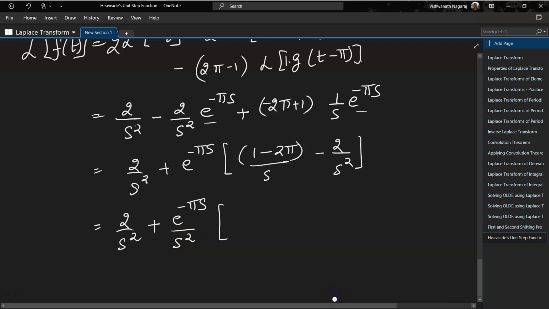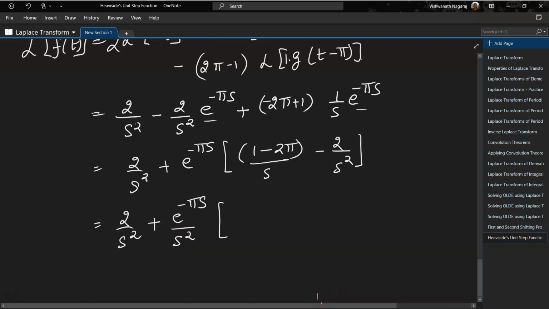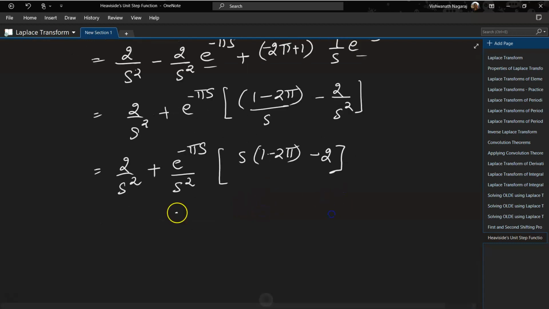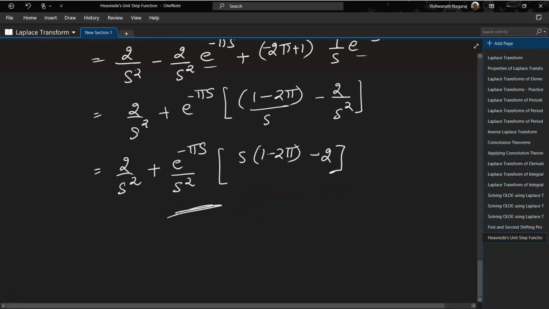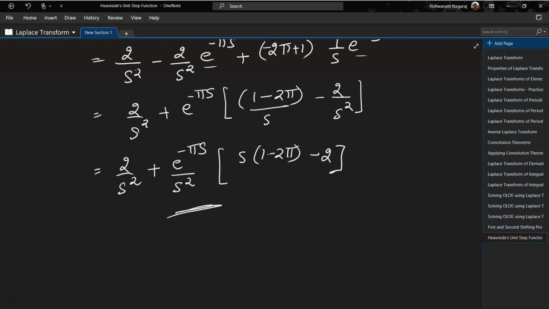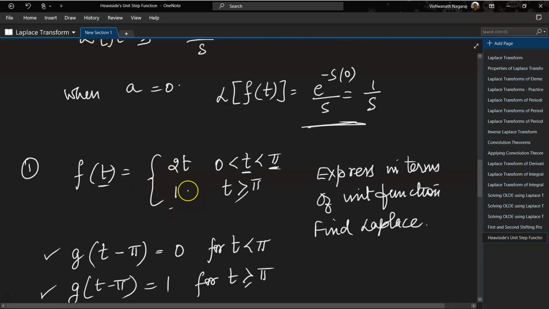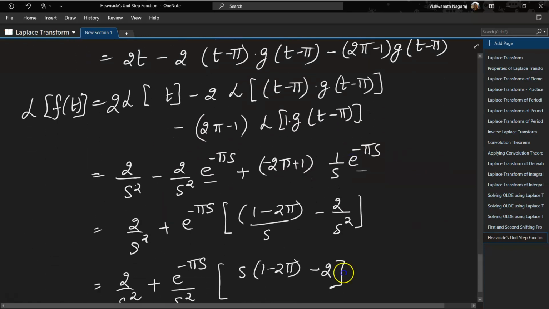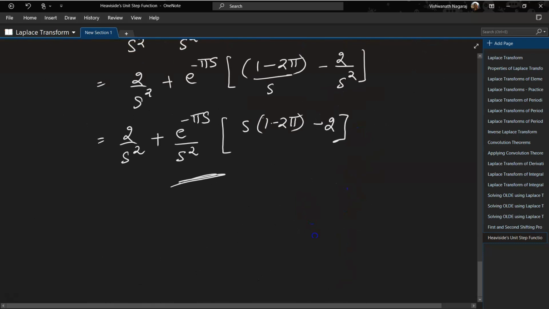We can leave it at this point itself, but since I've started it, let's finish it. Now here there is only one s, so let's take one s to the top. It is true. So that is the Laplace transform of the given function.